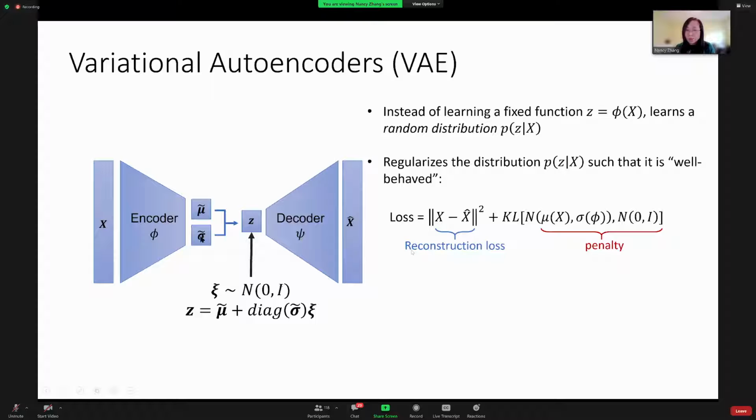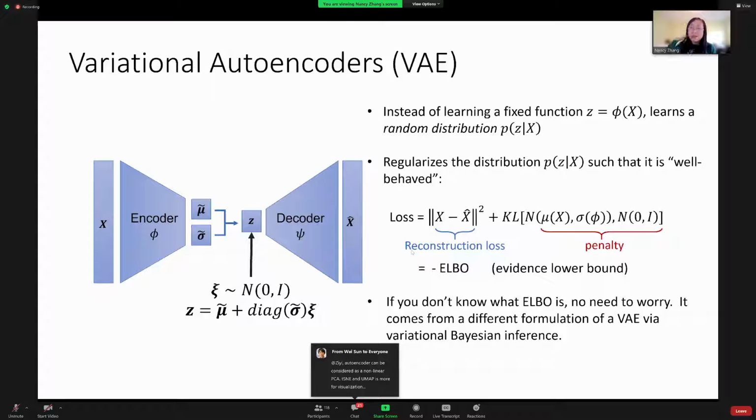So we compare that distribution to the standard normal Gaussian identity covariance distribution, and we want that KL divergence penalty to be small as well. If you know about Bayesian variational inference, this is equivalent to the negative of the ELBO, the evidence lower bound. But if you don't know about it, don't worry about it.